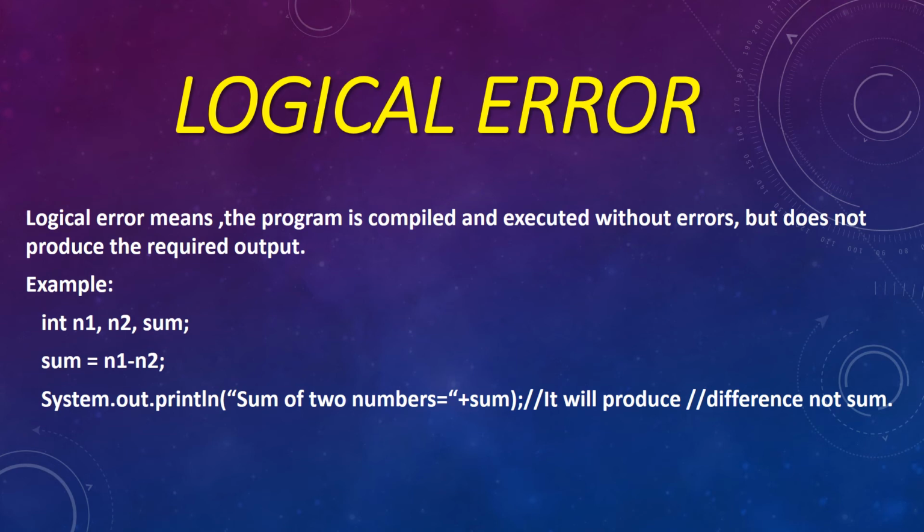So there is a mistake in your logic, and that is why it is known as a logical error. These were the three main types of errors: logical error, runtime error, and also the syntax error.